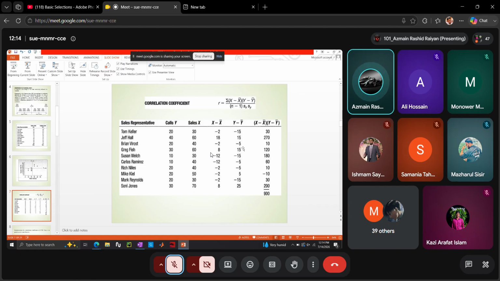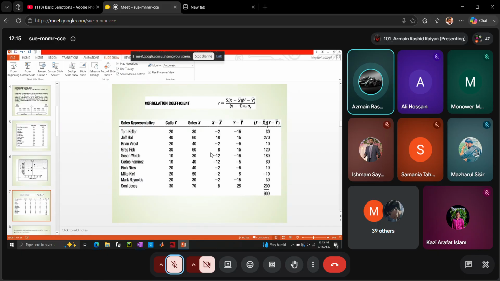Please show these detailed calculations, so that even if you make small mistakes, it will be easier for me to detect where the mistake was and give you more marks in the exam.